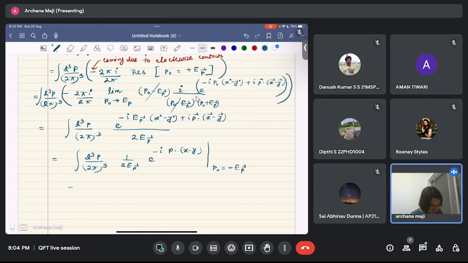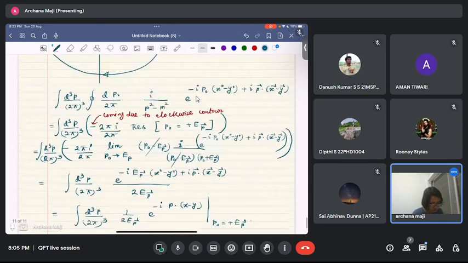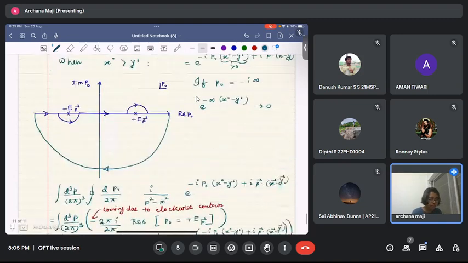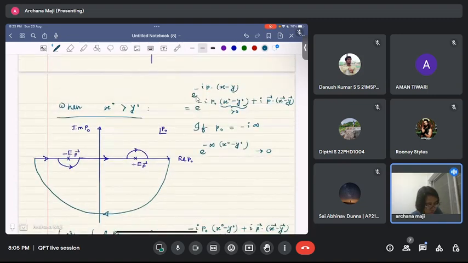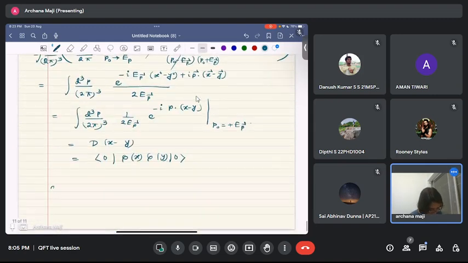Okay, and that is nothing but our D of x minus y that we figured out. So this is when x0 is greater than y0. Now you can check by yourself that when y0 is greater than x0, it will be D of y minus x.